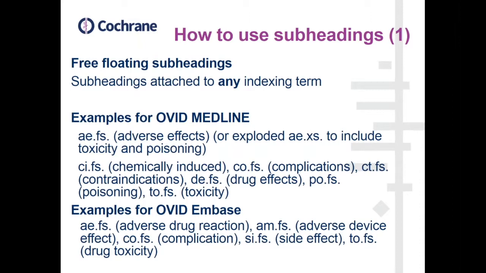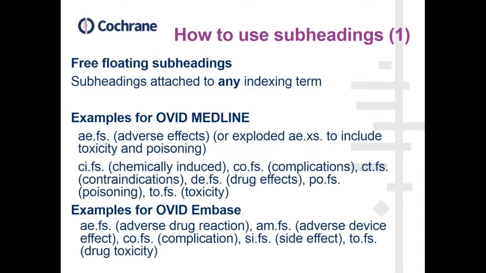And for example, in Ovid MEDLINE, AE.fs searches for the subheading adverse effects as a floating subheading, which is what the fs stands for. There are other ones that are useful to use, and again with the .fs at the end.